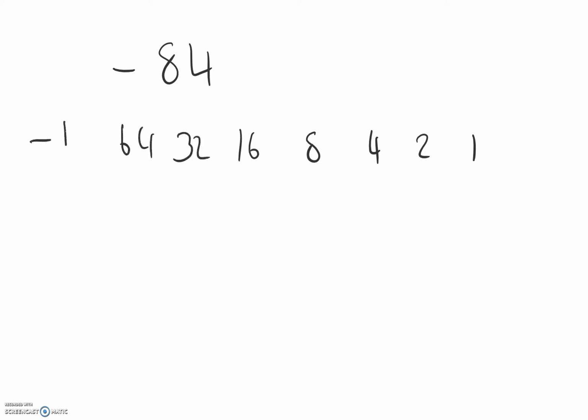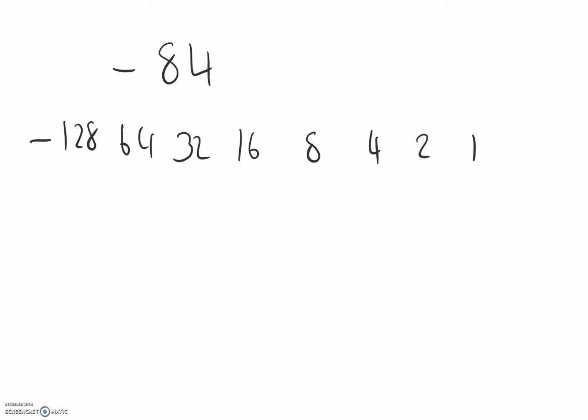Okay, we'll have a look at one more. So I've got the number 84, and I would like to find minus 84. 1, 2, 4, 8, 16, 32, 64, minus 128. Now it may be that you start thinking, oh, minus 128, what do I add to that to get this?